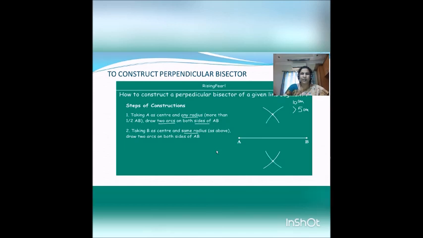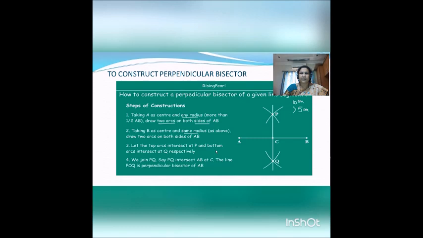So you will get 2 points of intersection, P and Q. Join these 2 points P and Q. After joining these points, you will get a line which is the perpendicular bisector of AB.